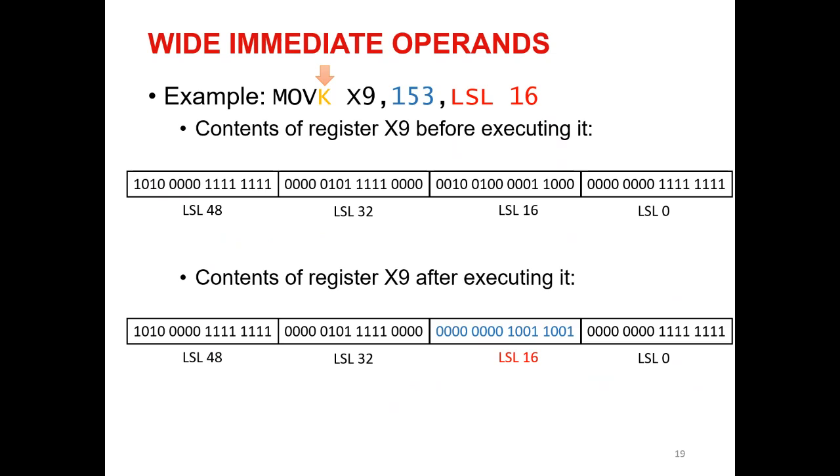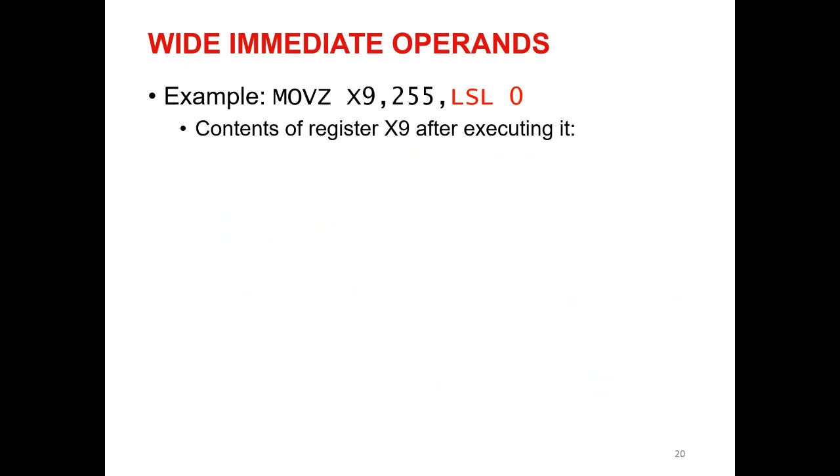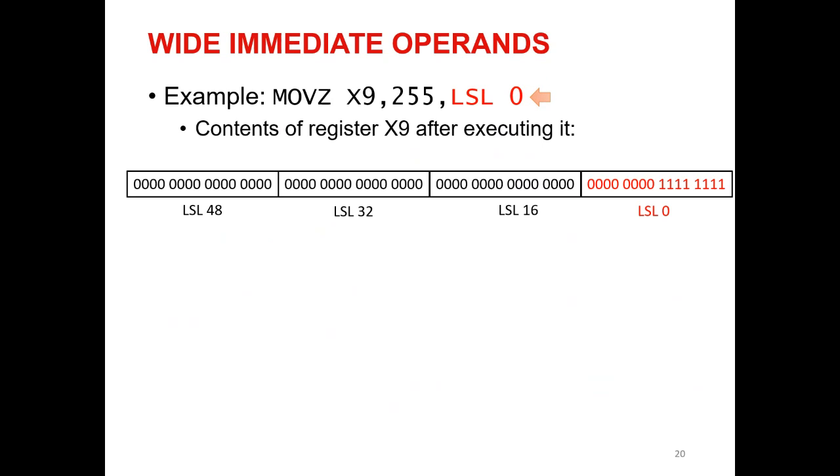Okay, so let's see now examples modifying different quadrants. For instance, if I want to modify quadrant number 0, in this case, with this instruction, with the movz, all the bits in the register will be 0, except for the quadrant 0, in which I have put the number 255 in decimal.